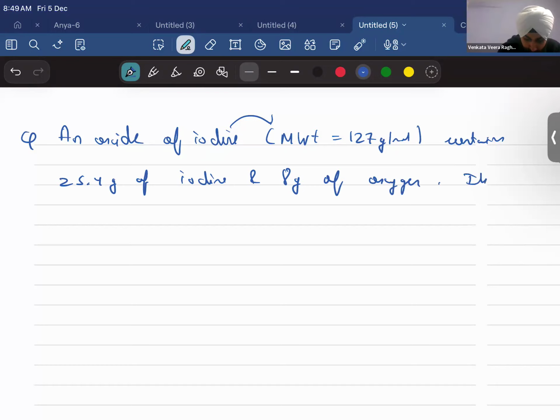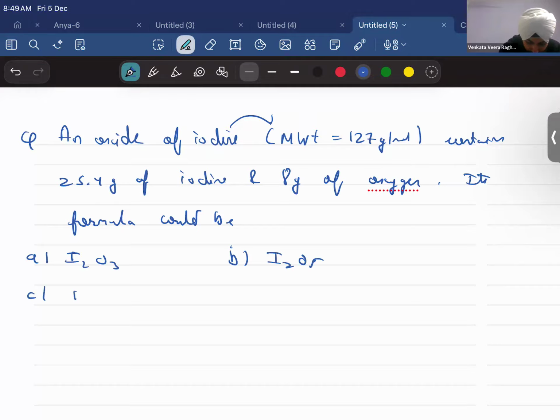They are asking you its formula could be. You are given 4 options: first option is I2O3, second is I2O5, the third is I2O, and the fourth is I2O7.